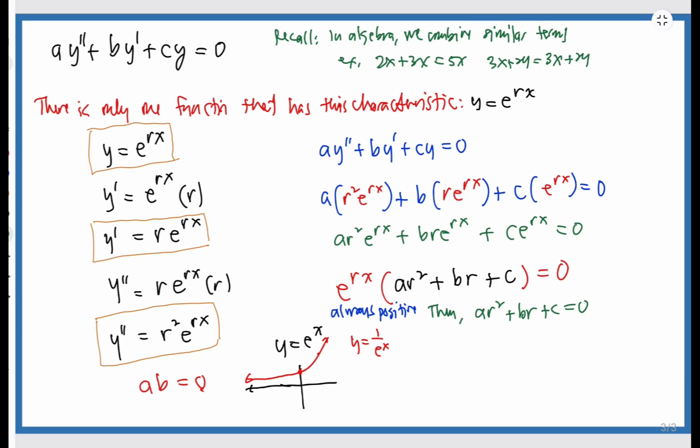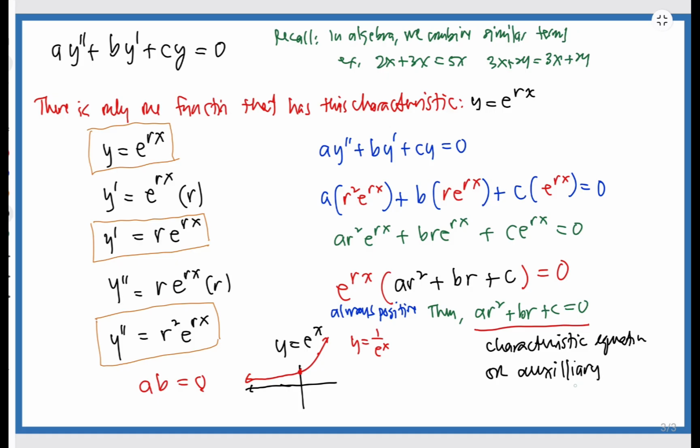So this equation, ar squared plus br plus c equals 0, is what we call the characteristic equation, or sometimes it is called the auxiliary equation. What's the spelling of auxiliary?